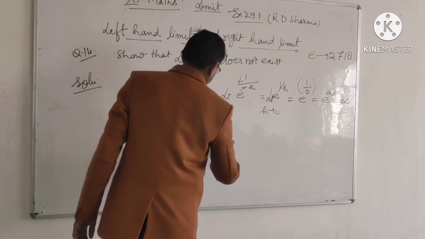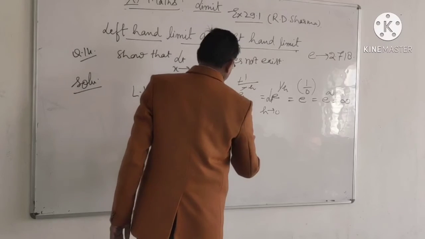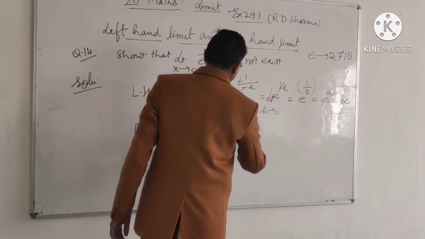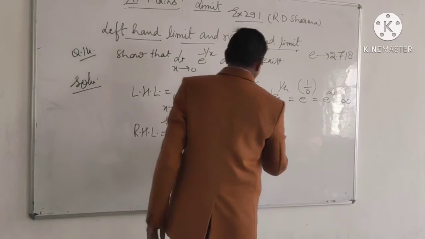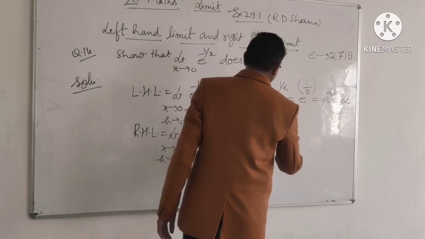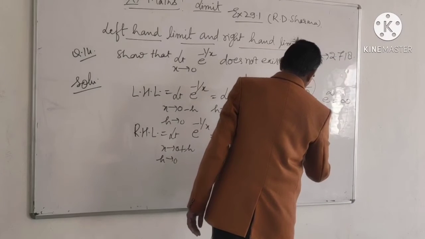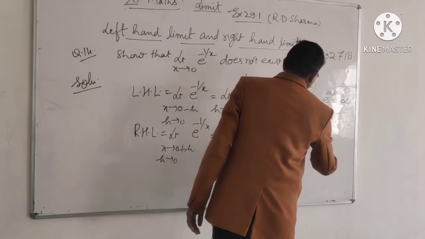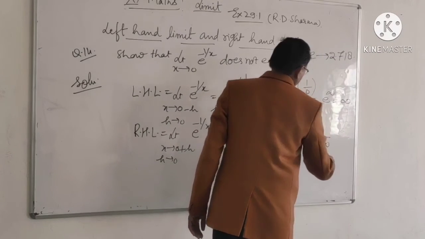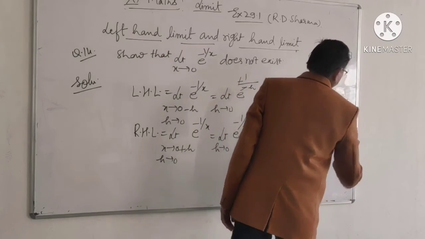Here limit h tends to 0 of e power minus 1 upon h, then e power minus 1 upon 0 is 1 upon e power infinity. It is 1 upon infinity, and 1 upon infinity is 0.